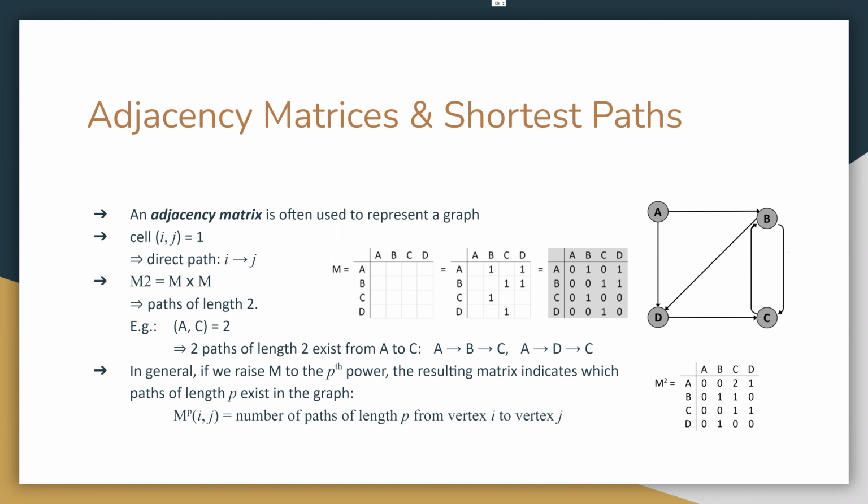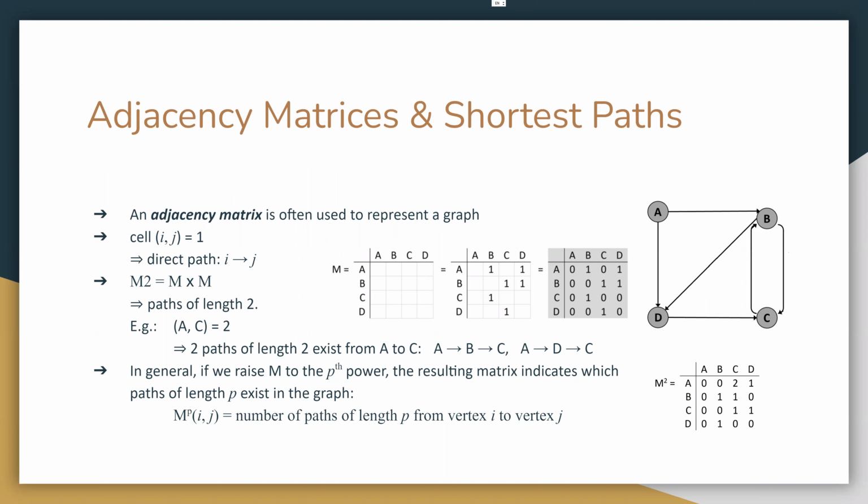What if we want to find paths of length 2? You do a multiplication of this matrix, so you do M times M. You guys haven't learned matrices yet, right? Yeah, we have.